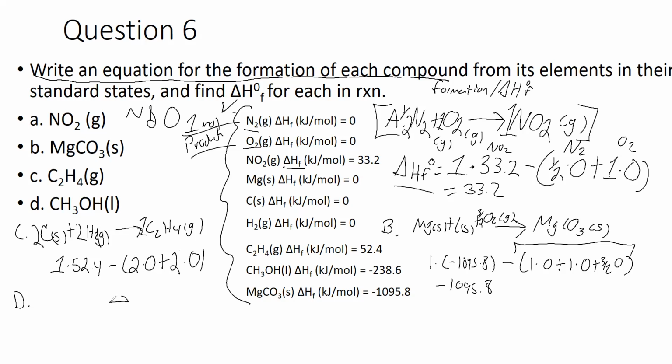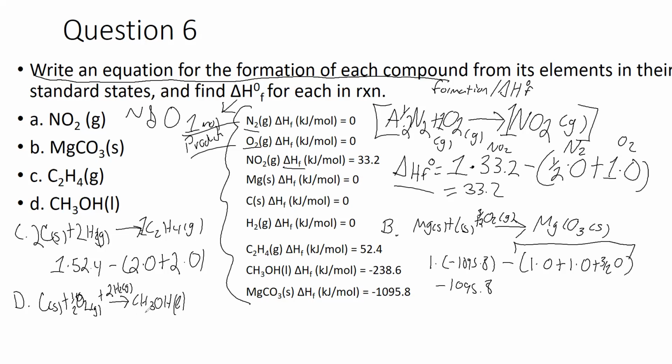D, CH3OH, liquid. Now, carbon, hydrogen, oxygen. Carbon is 1 mole, so we're good. Oxygen is O2, so I need 1/2 of that. Plus, there are 4 hydrogens.